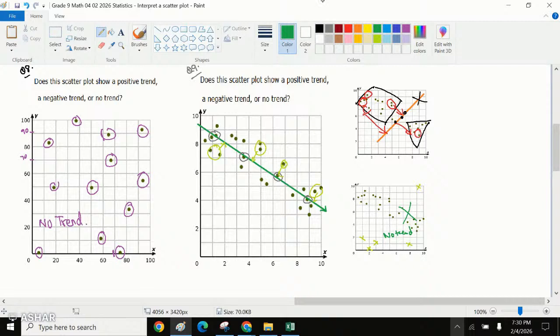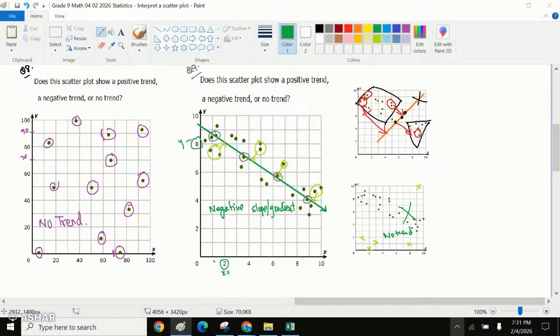Since this is downward, and we know that a downward slope would mean a negative slope or gradient, because it's decreasing, right? How can we say? If y was 8, then x was somewhere between 1 and 2.